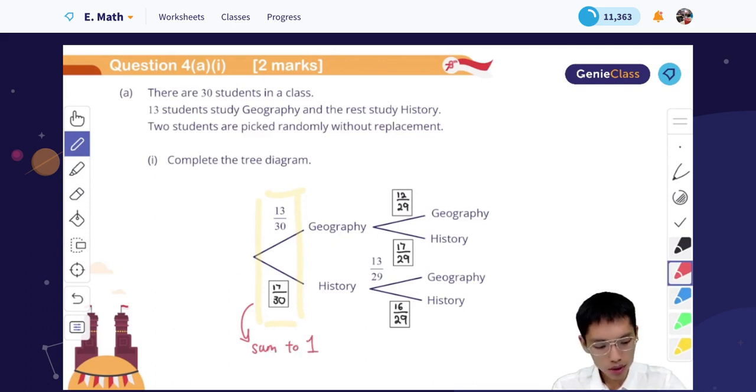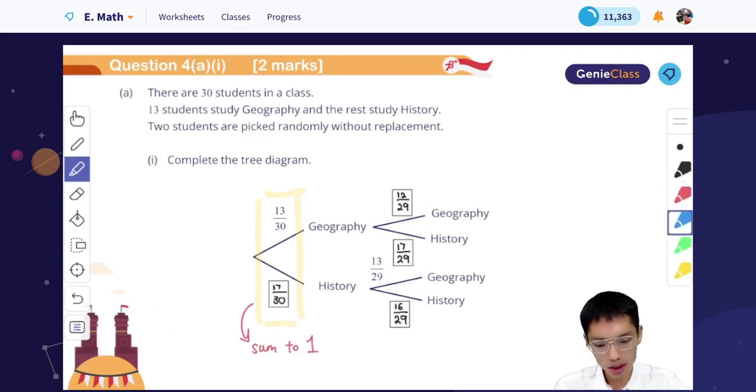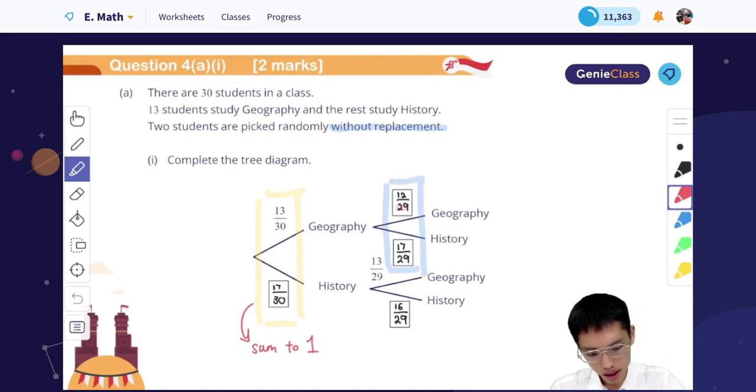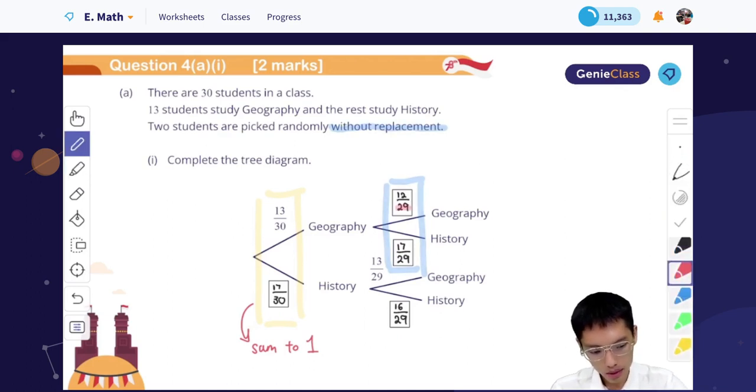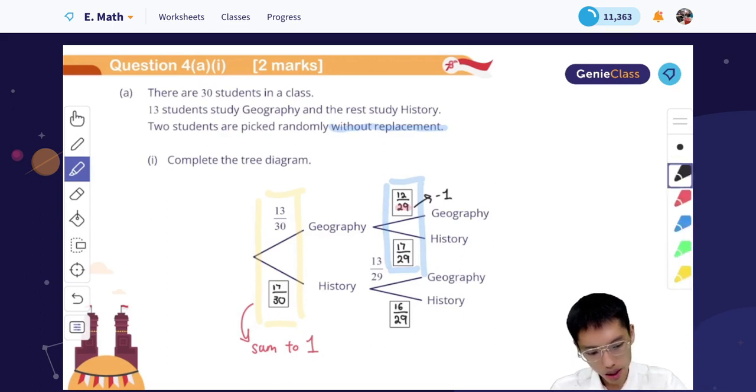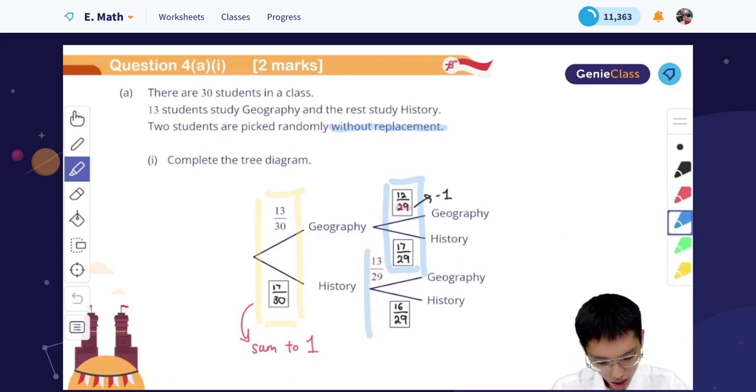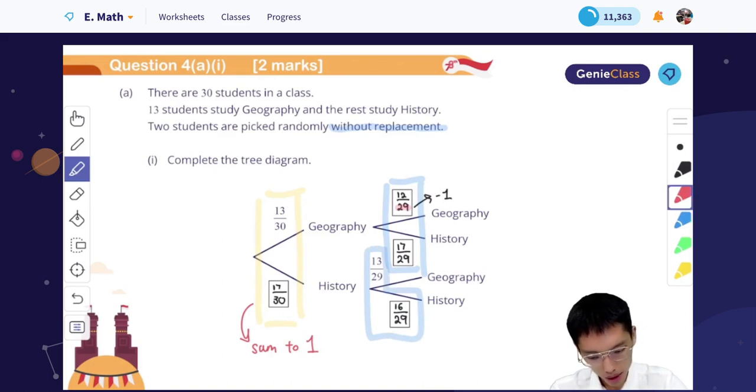Okay, as we proceed from branches to branches, just take note, in this case, pick without replacement. So without replacement means your denominator, as each branch goes by, will get subtracted by 1. So in this case, this one over here will get subtracted by 1. And the other branch over here as well, it will get subtracted by 1. Okay, so each of them will get subtracted by 1.